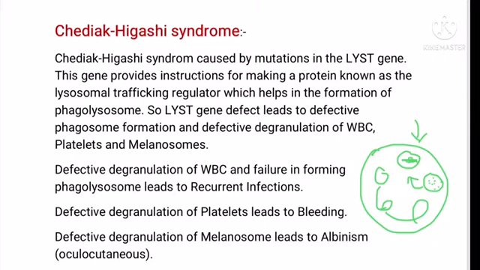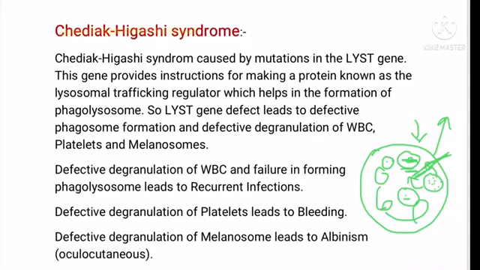If there is a defect in the movement of lysosome, then there will be no fusion between the phagosome and the lysosome, so no formation of phagolysosome. Because of this, the bacteria start to grow inside the cell. That defect is called Chediak-Higashi syndrome.